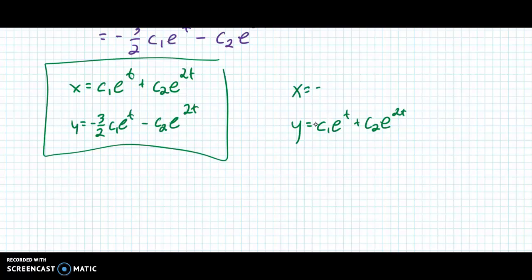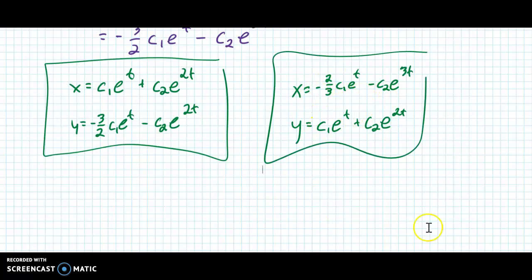So it would have been negative 2/3 c1 e to the t, and then minus c2 e to the 3t. So I think that as we move along, you'll see why that is true. But these answers can take an infinite number of correct forms, although I think that these two are the two that you are most likely to run into doing this method.